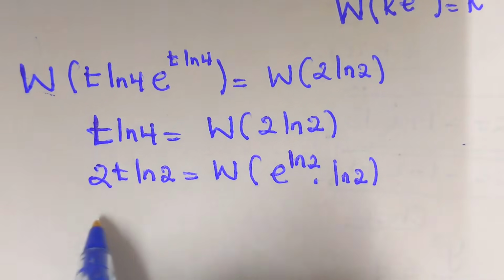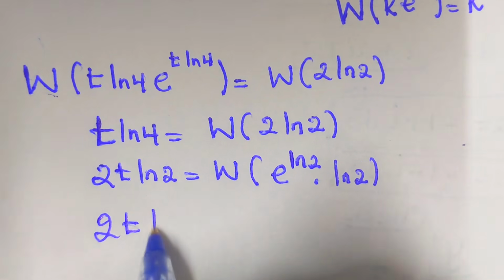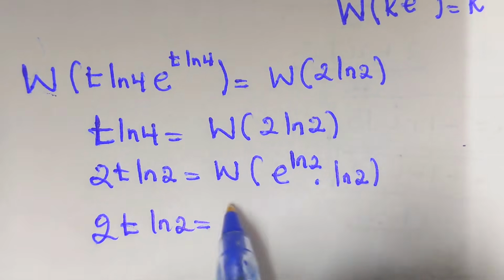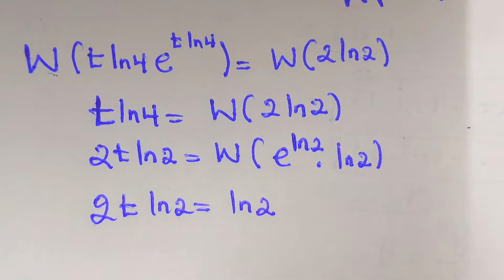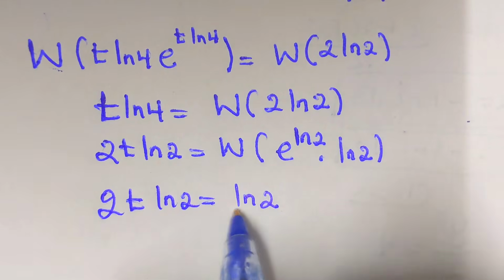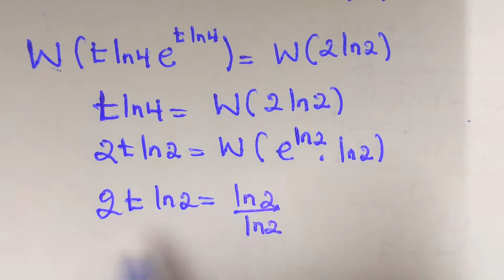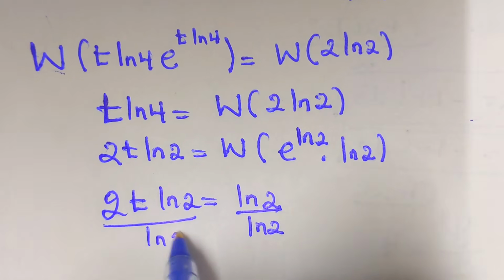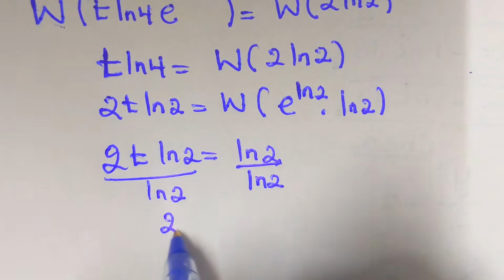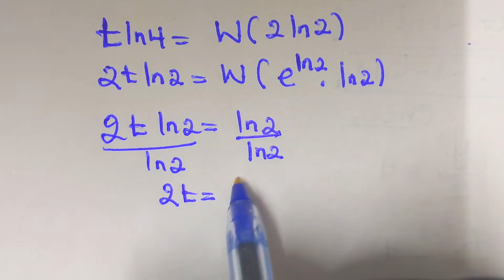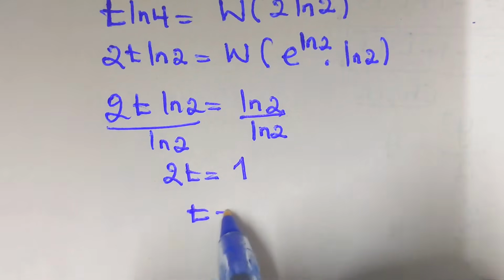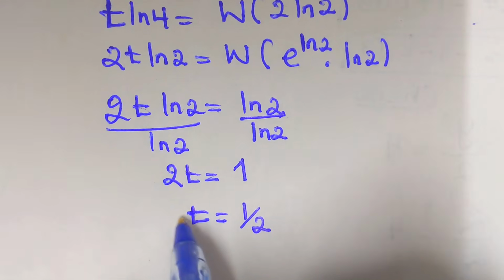So 2t ln of 2 equals ln of 2. At this stage we divide by ln of 2 and get 2t equals 1. Then t will be 1 over 2.